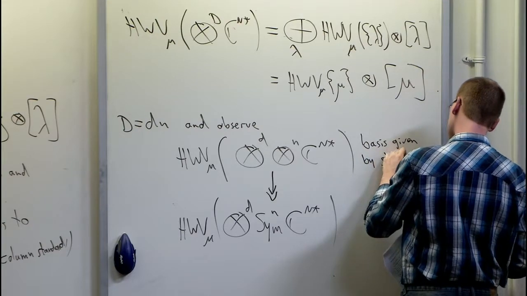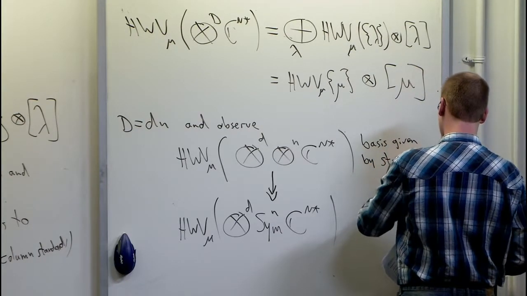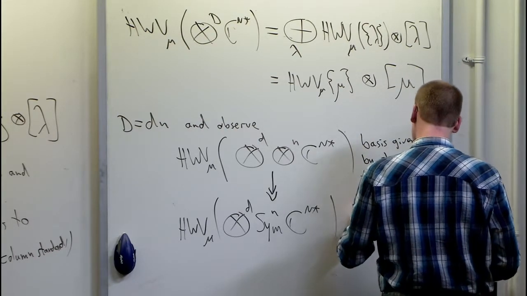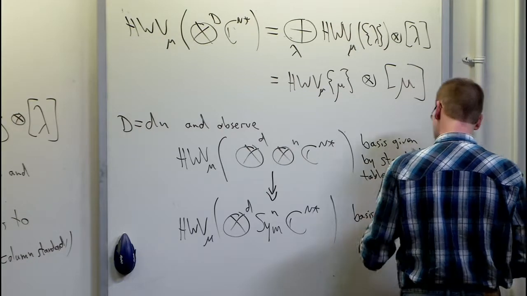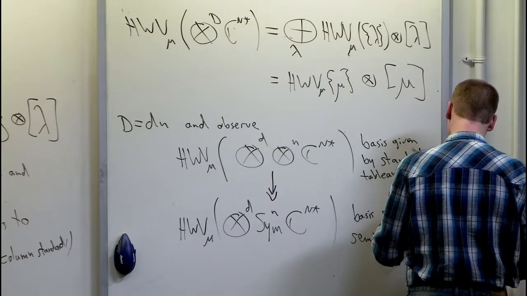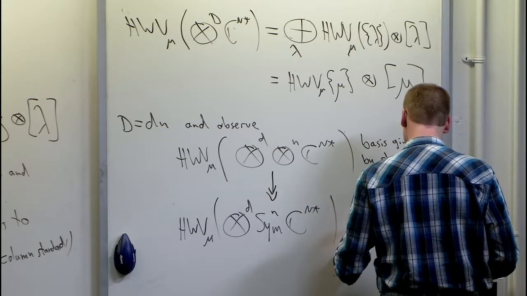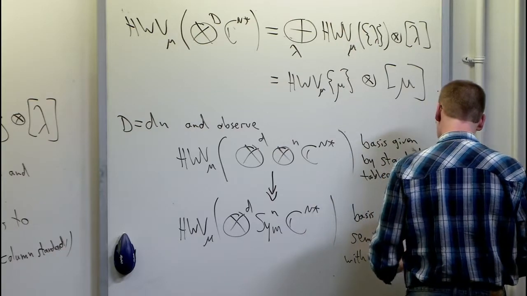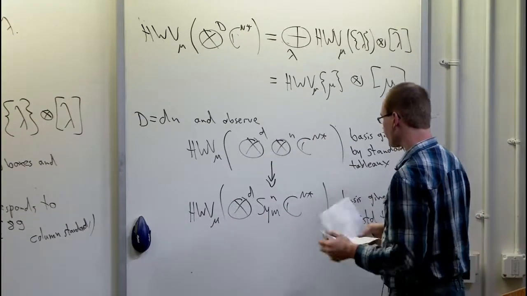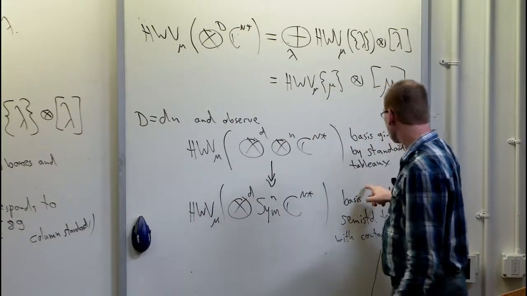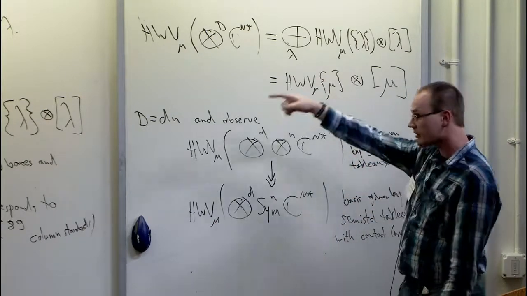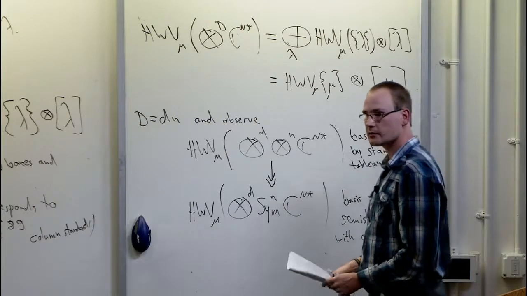So this is standard tableaus. And now here's a basis given by semi-standard tableaus with content n and n, right? And not only that, it's not only theoretical, it's very explicit. You can write down, you basically do these contractions.